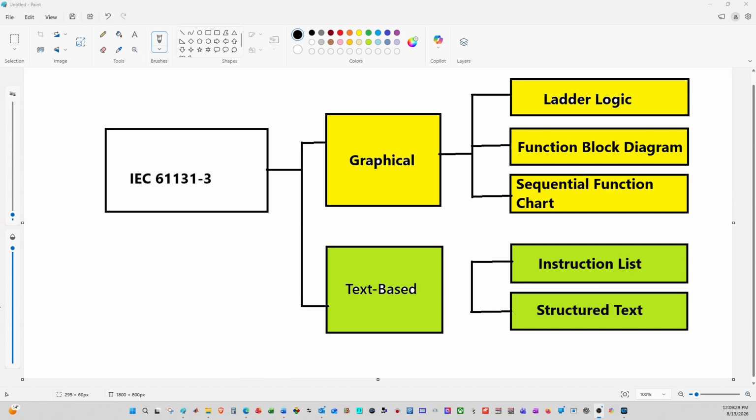And then the very last of my text-based languages covered in the standard is going to be structured text, often abbreviated as ST. Now, this really would be the Rolls-Royce of the text-based programming languages. Very popular with people in the sense that it is a high-level language.